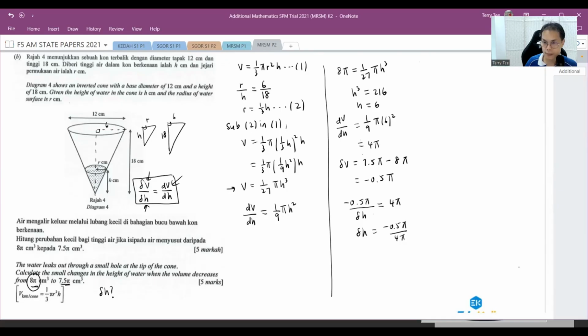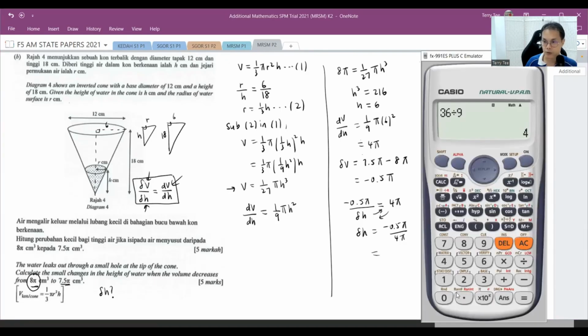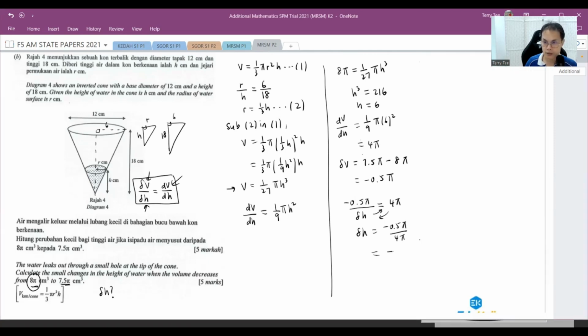I'm switching this up, bringing the 4 pi down. So it's basically 0.5 divided by 4, which is 0.125 or 1 over 8. It's negative. The answer is negative 0.125. The pi cancel each other out, so no more pi. All right.